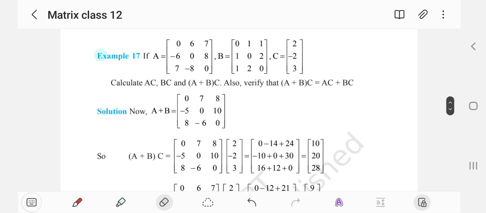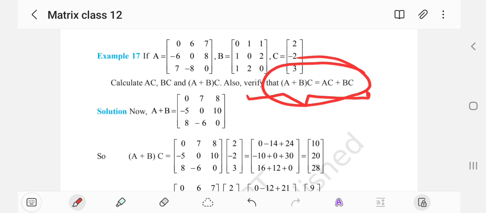Now one more question can be asked: which property is holding here? The examiner can ask what you can say about the property of multiplication of matrices. In that question you will report that this expression suggests that the distributive law holds in case of matrix multiplication. I hope it is clear to you.